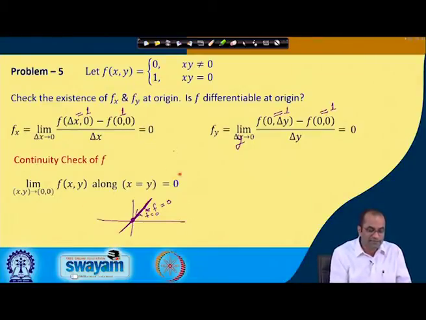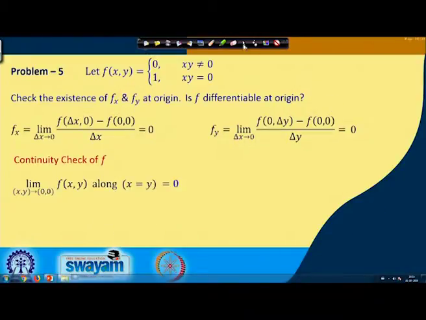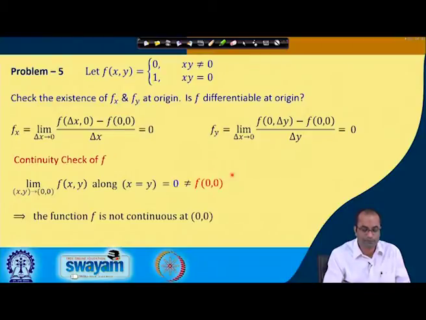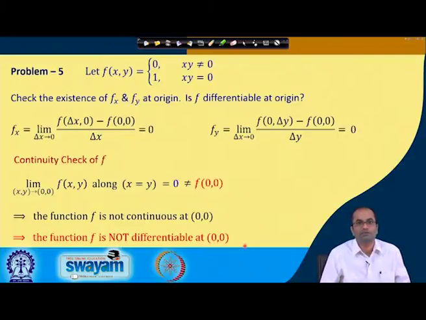So we can clearly see that the function is not continuous. This limit is not equal to the function value at (0, 0), hence this function is not continuous at the origin. Since the function is not continuous, we can decide about the differentiability, because continuity is a necessary condition for differentiability. If the function is not continuous, definitely it is not differentiable. So this function f is not differentiable at the origin.